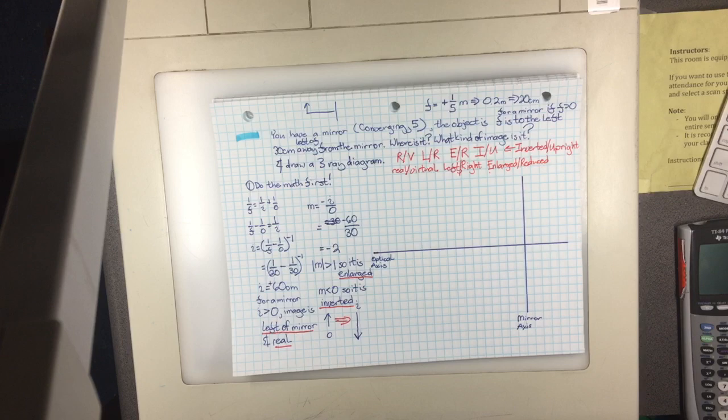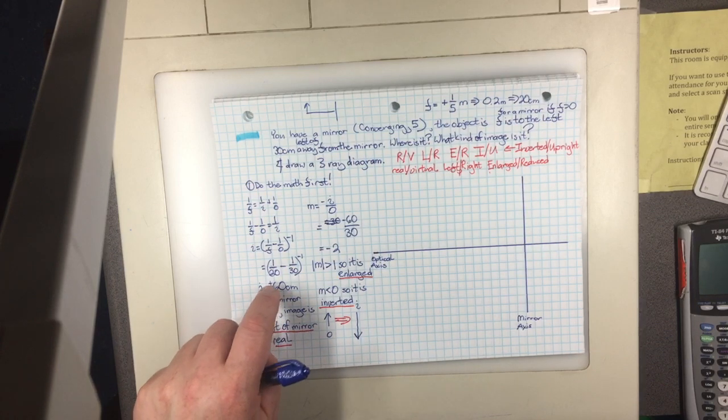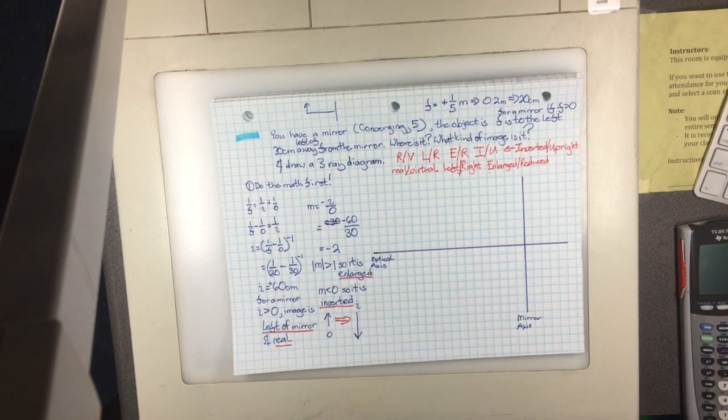I'm not looking for really precise images or pictures. The next thing I have to look at is what's furthest away from the mirror axis? Well, that's the image, and it's at 60 centimeters.